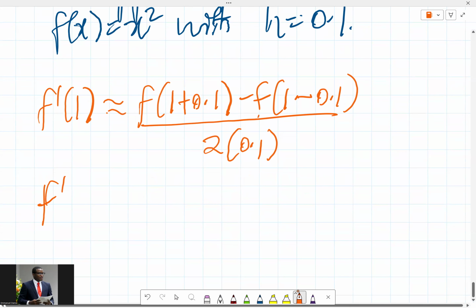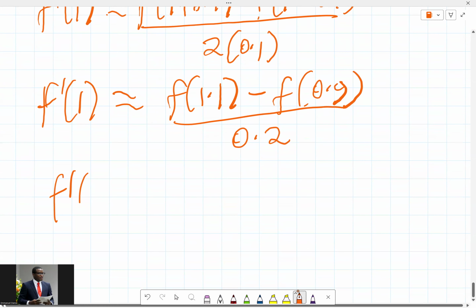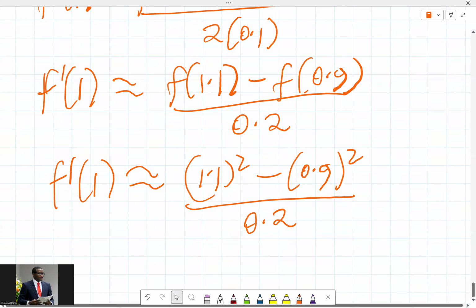So f prime of 1 is approximately f of 1.1 minus f of 0.9, all over 0.2. So f prime of 1 is approximately 1.1 squared minus 0.9 squared, because f of x is x squared, so f of 1.1 is 1.1 squared, and f of 0.9 will be 0.9 squared.